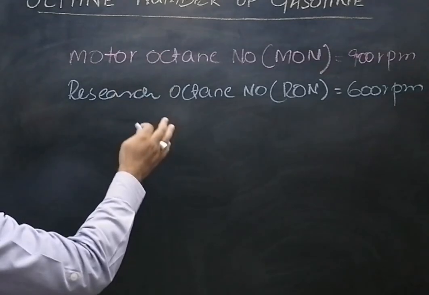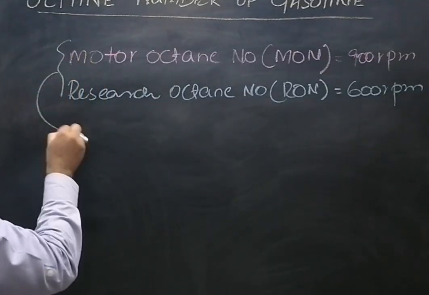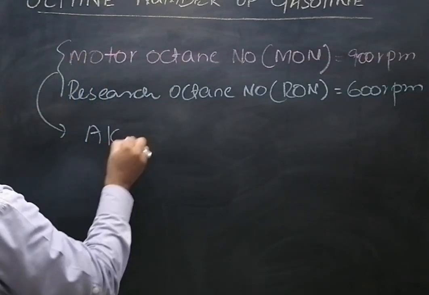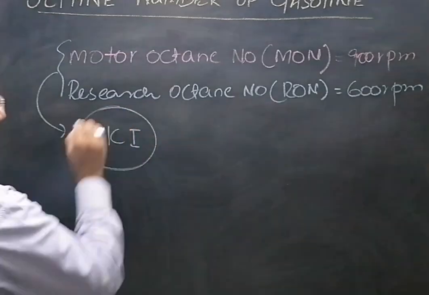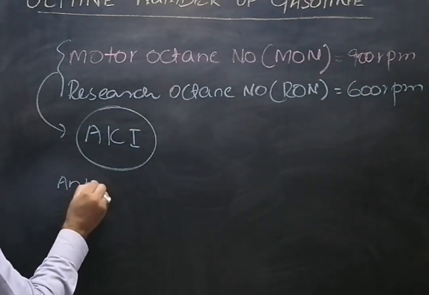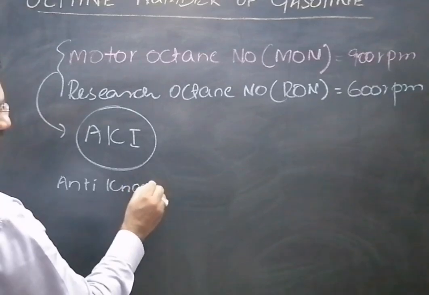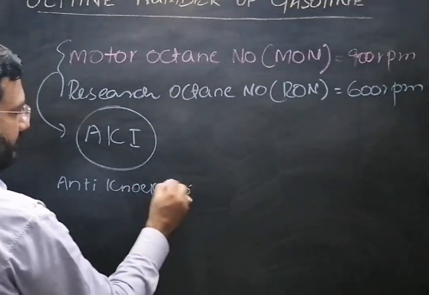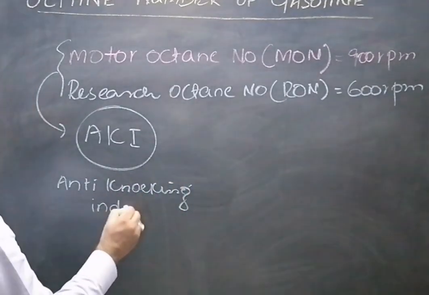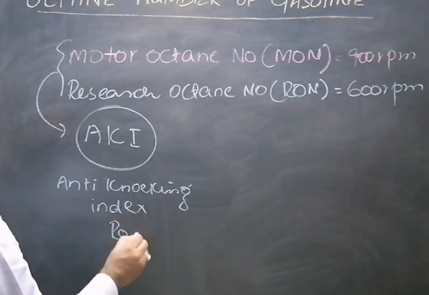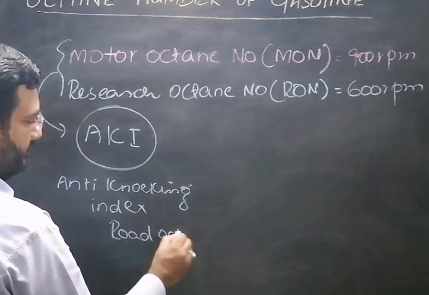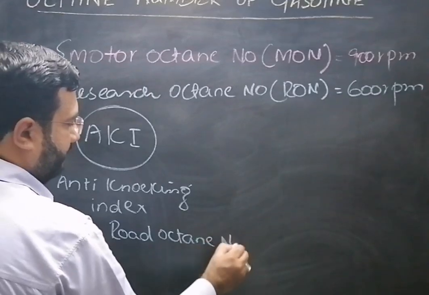And these two octane numbers are used to find the anti-knocking index. It is called the anti-knocking index, or it is also called the road octane number.